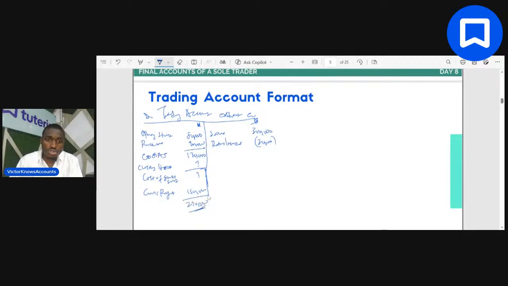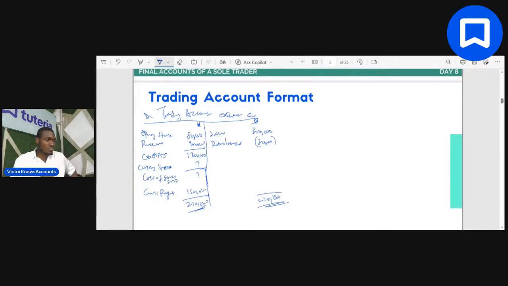Then the account is closed. Total of 270,000 on both sides. Now, based on what we have done, the question says determine the closing stock. They didn't give us closing stock. It told us to determine closing stock. So this is one of the ways they can ask you this question. So determine closing stock. Option A 30,000, option B 40,000, option C 50,000, option D 60,000.